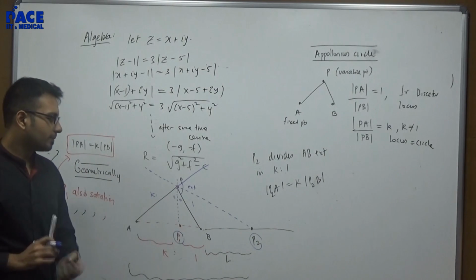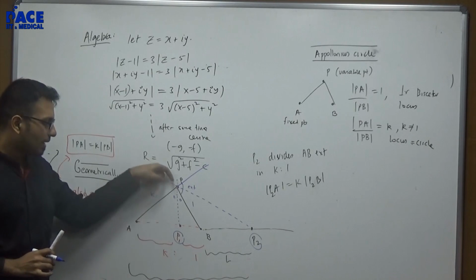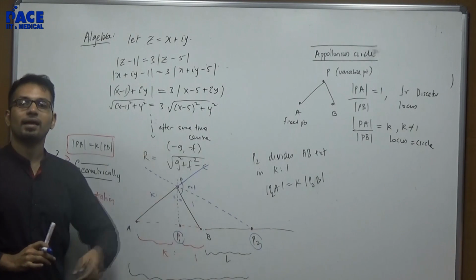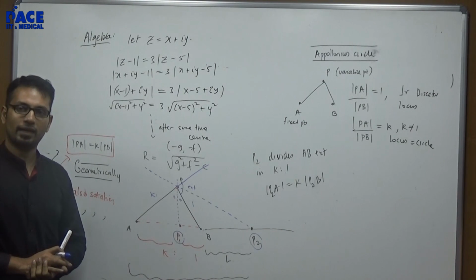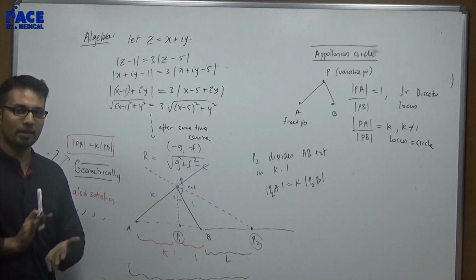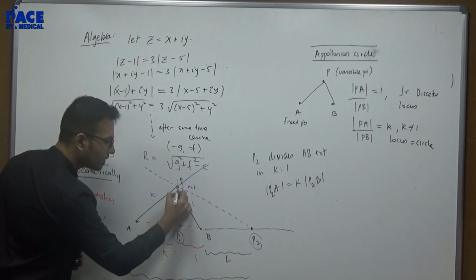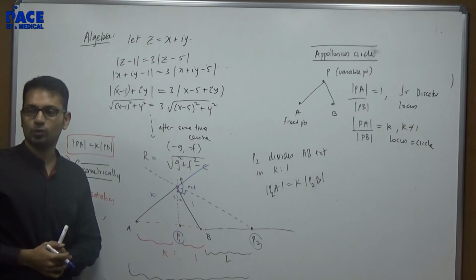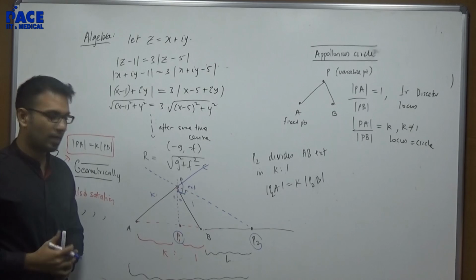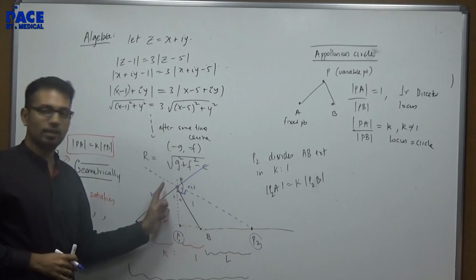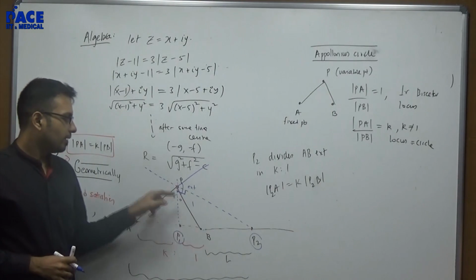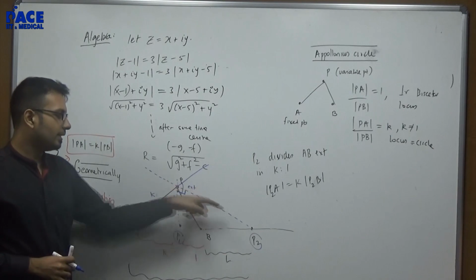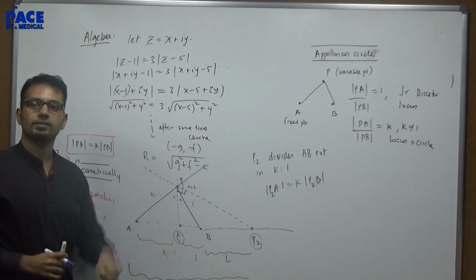Now tell me one thing, what is the angle between the internal bisector and the external bisector? It is 90. Okay, does that ring a bell? Yes. The angle between the internal and external bisector is 90. So there are 3 points on the same circle, and P will always subtend 90 degrees between these 2 points.